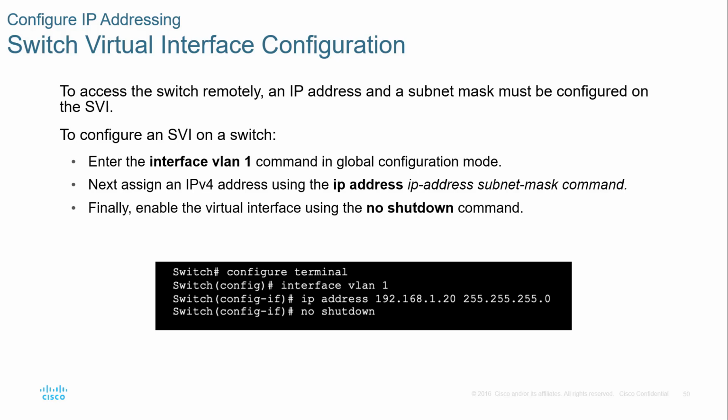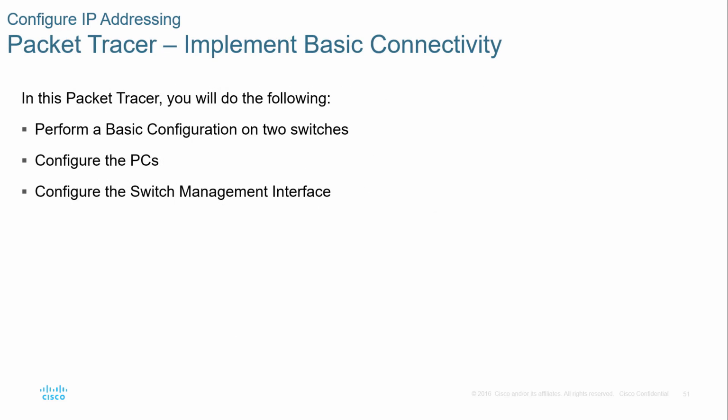That should be in the same IP network that the switch is attached to. We actually have a lab doing basic configuration, configuring the switches, configuring the PCs, and setting up a switch virtual interface.